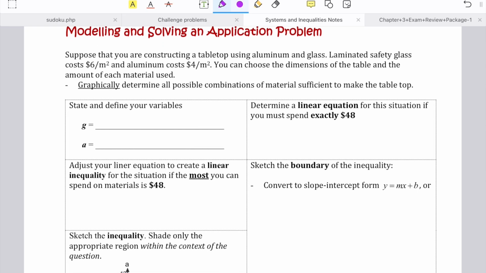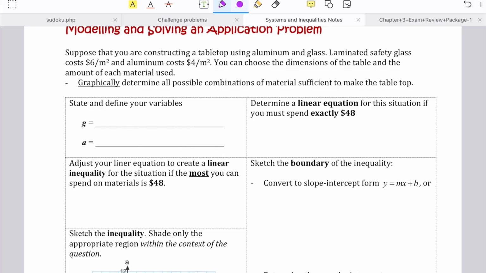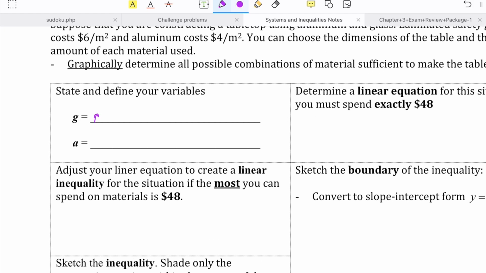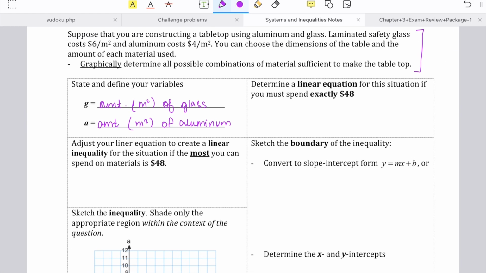Graphically determine all possible combinations of materials sufficient to make the tabletop. So looking at the question, what are the 2 variables you can have? Glass and aluminum. The amount in meters squared of glass, and the amount in meters squared of aluminum.